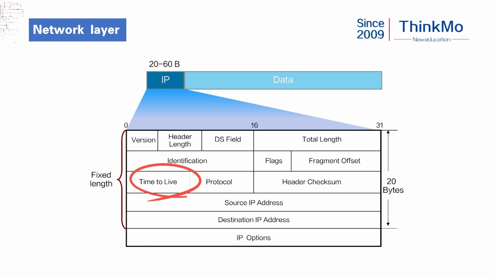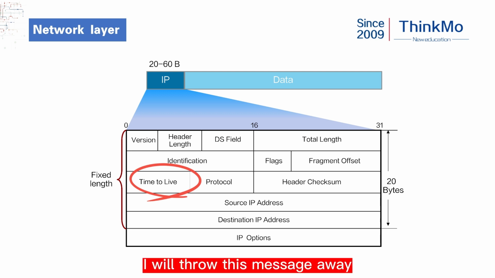Locally, 1 minus 1 equals 0, so I will throw this message away.